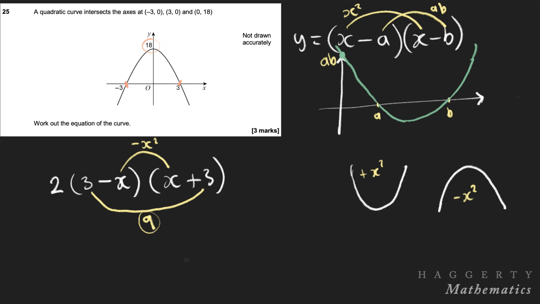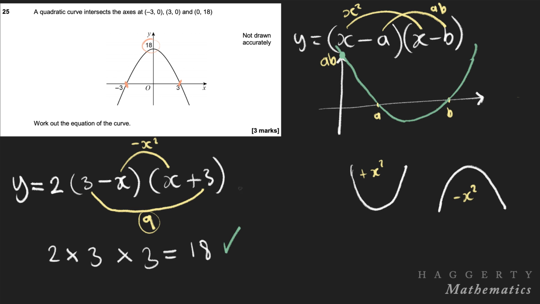So when x equals 0, you're going to get 2 times this bracket here, which is just 3 minus 0, so 3. And this bracket here, when x is 0, is just going to be 3. So that'd be 3 times 3 times 2. That gives you the 18 when x is 0, and that's going to be the y-intercept. That's what we want. So the equation of the curve is given by this factorized quadratic here.